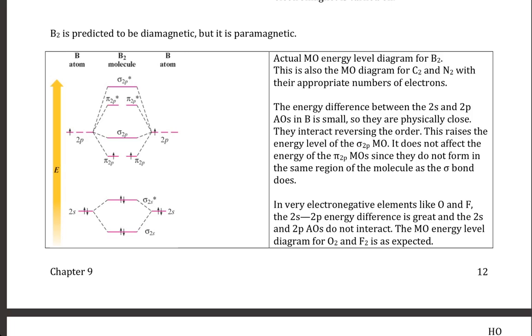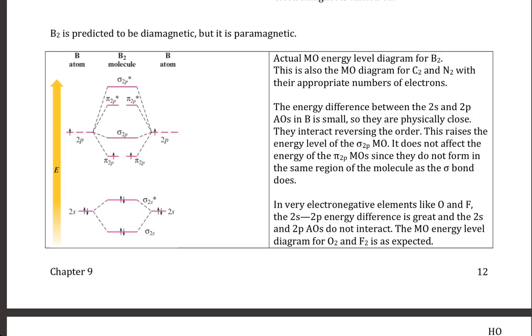So it turns out that the sigma 2p MO energy goes up, making electrons in that MO be put there after ones are put in the pi 2p MO.